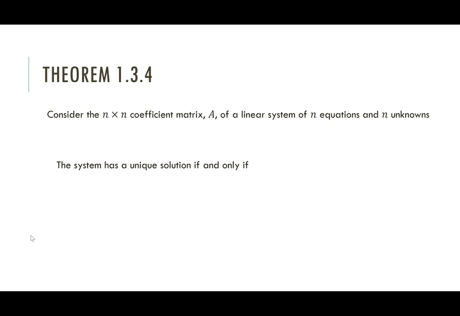How can we tell just by looking at a matrix? Well, the system has a unique solution if and only if its reduced row echelon form looks like that. It has ones on the diagonal and zeros everywhere else. So, unique solution if its coefficient matrix's reduced row echelon form is diagonal with only ones on the diagonal.